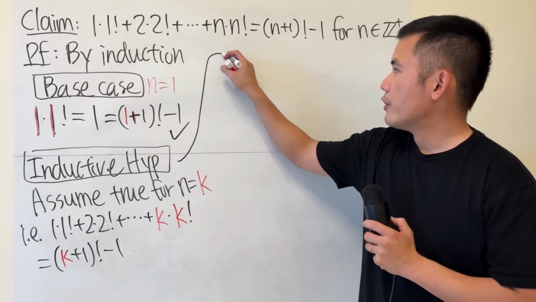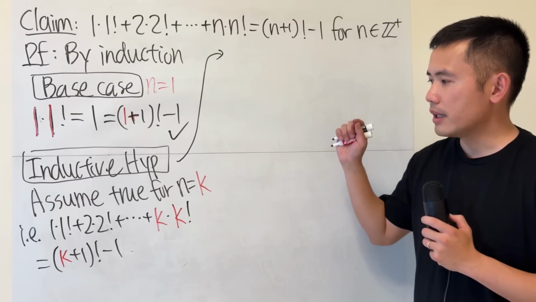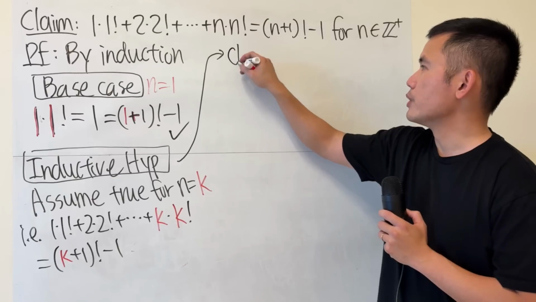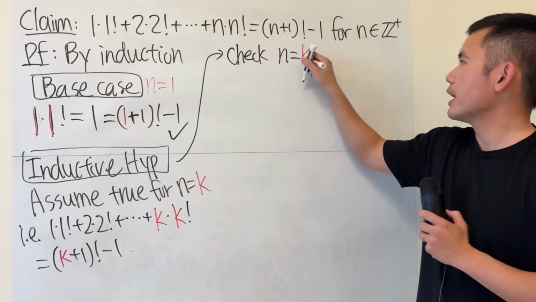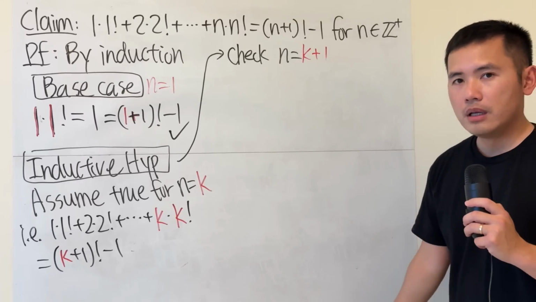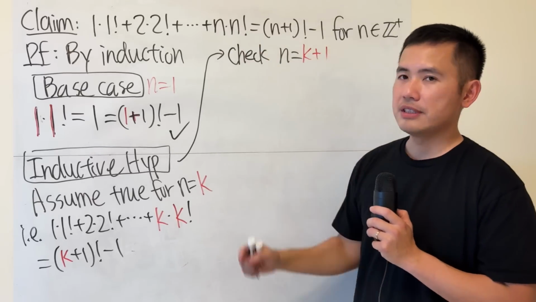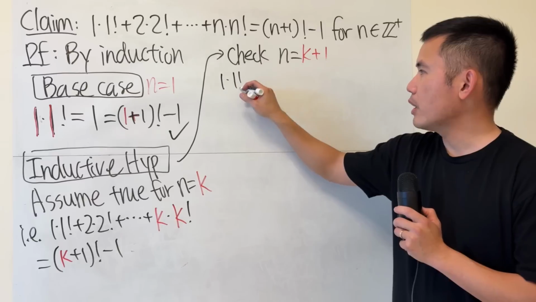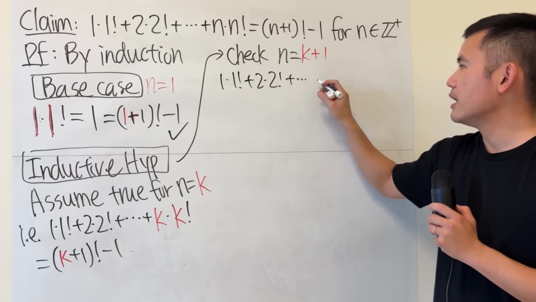And then, from the inductive hypothesis, we will have to show that the formula is also true for n equal to k plus 1. So we'll check n equal to k plus 1. To do this, I'm just going to plug k plus 1 into the left-hand side. So we will have 1 times 1 factorial plus 2 times 2 factorial plus dot dot dot.